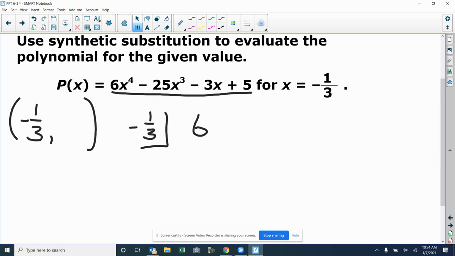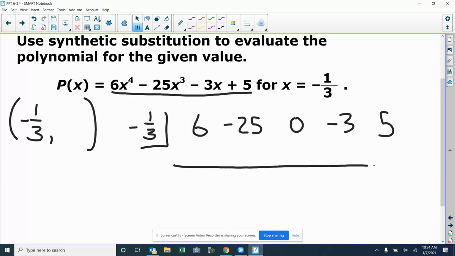So I'm going to have a 6, negative 25, 0, negative 3, and 5. Remember, I'm just trying to find the remainder here. I don't need to put the x's in after this. This is synthetic substitution, not synthetic division. Division is where I put the x's in.